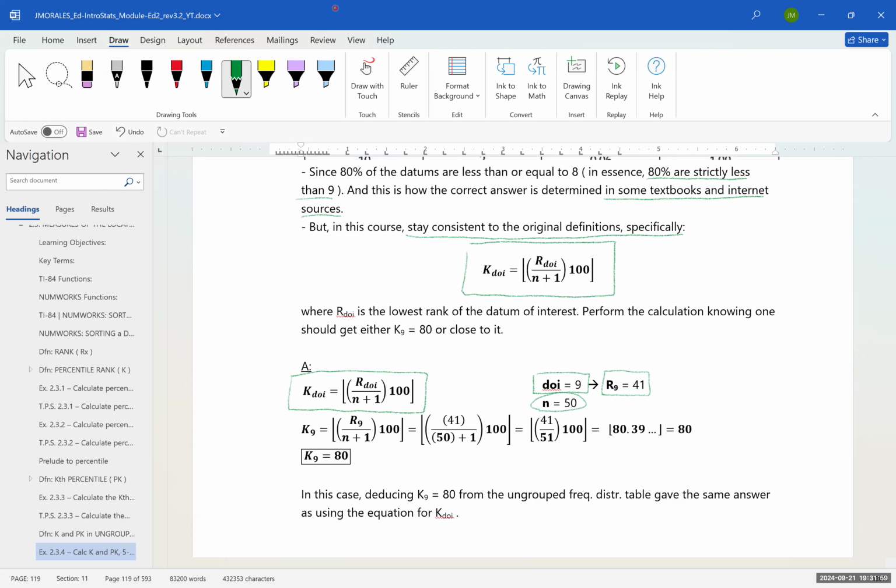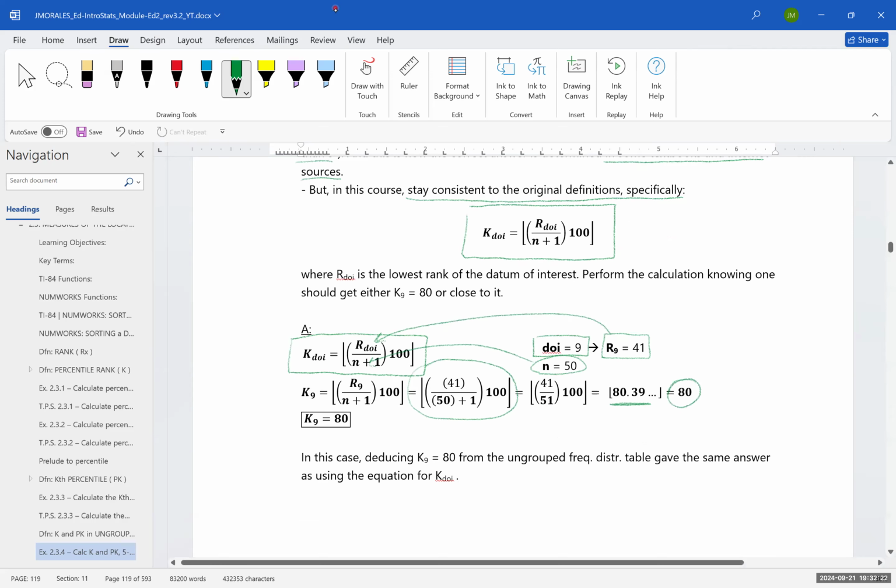So if we just substitute 41 for the rank of our datum of interest and 50 for n, then we get this formula here. And 41 divided by 51 times 100 gives us 80.39. Always round that down, and we'll round it down to 80. So the percentile rank of 9 is 80.